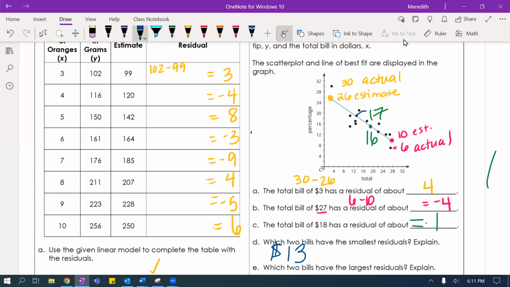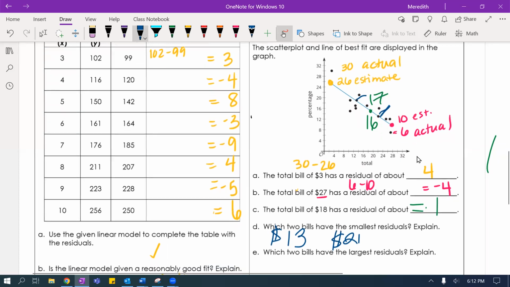So it's going to have basically a residual of 0, as well as this other one that I'm marking in blue right here. And that total bill looks to be about $21, maybe $22, somewhere in there. And again, my explanation here is going to be that these are the closest to the line of best fit.